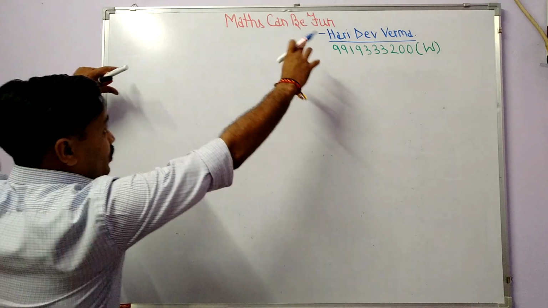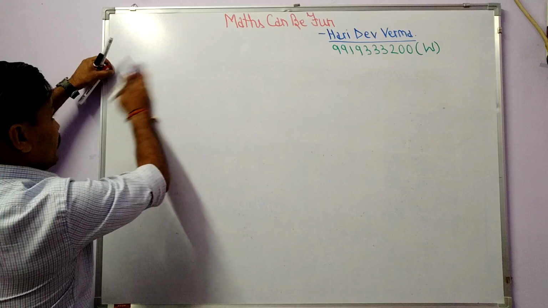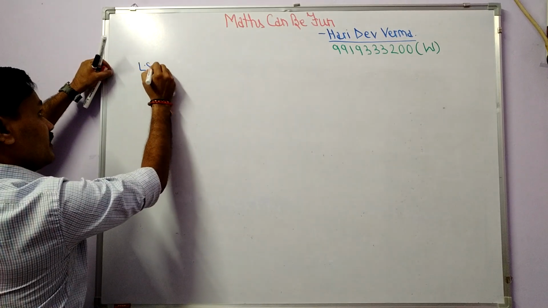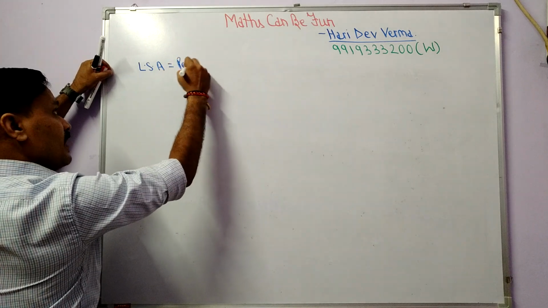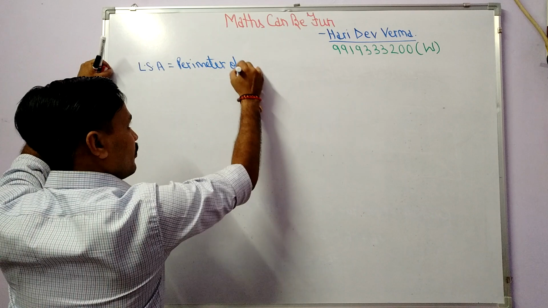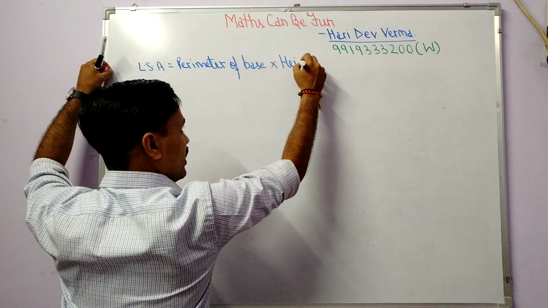First of all, I'm going to write the evergreen formula which helps us to write the formulas easily. Whenever we write the lateral surface area, it is perimeter of base into height.